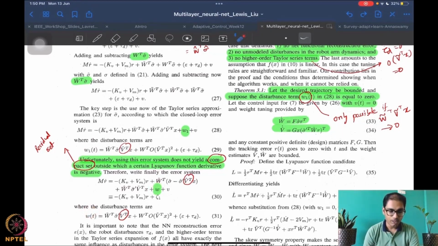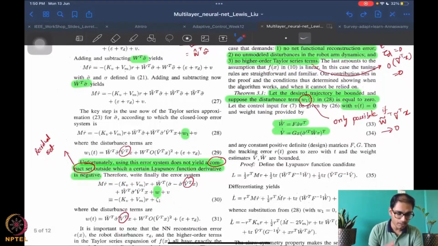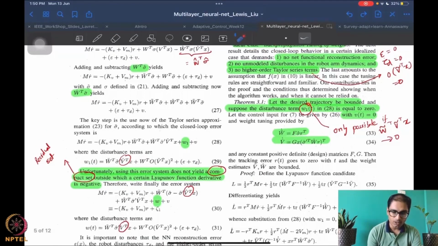So the first result that we saw was on back propagation, which was a rather ideal situation where we assume that these disturbances are zero. We saw that it's not very easy to claim W1 is zero.